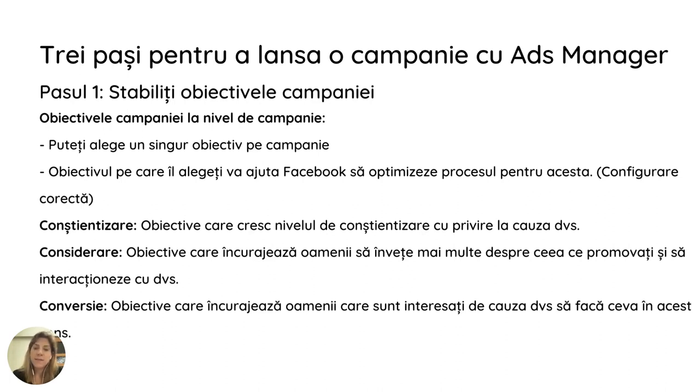So at the awareness level, this is where you set objectives that build awareness for your cause. For consideration, objectives are usually focused on encouraging people to learn more about you, what you're promoting, and really engage with you. At the conversion level, you have specific objectives that encourage people who are interested in your cause to do something about it.